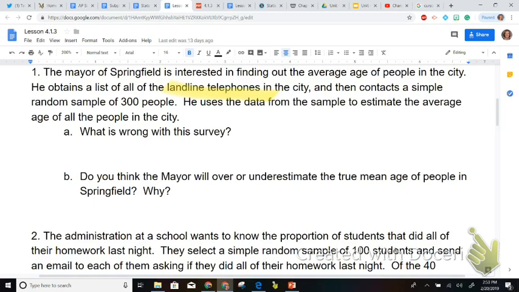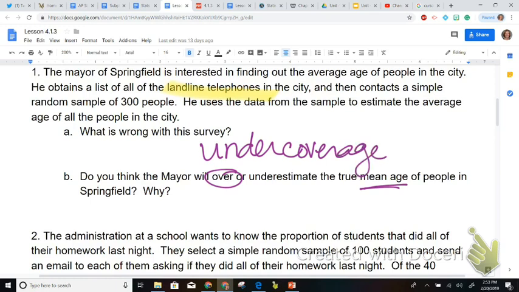So that means that we're going to probably end up overestimating the true age because our sample will include mostly older people. That is called undercoverage, because younger people are less likely to be in the sample just because they're less likely to have a landline phone.